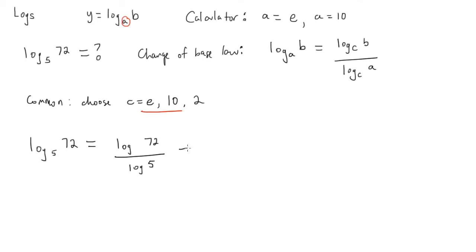Or if I did this with the natural logs, it'd be the natural log of 72 divided by the natural log of 5. So either one of these I could then compute with the calculator, and that's it. So it doesn't matter what base you choose here, although frequently for the purposes of calculus the natural logarithm is preferred, although in lots of real-world uses of logarithms it's all base 10.